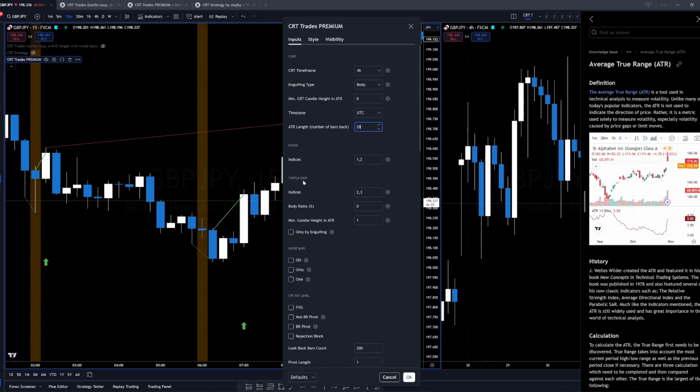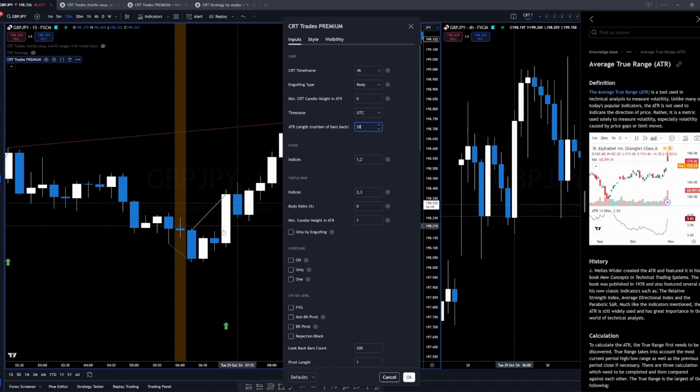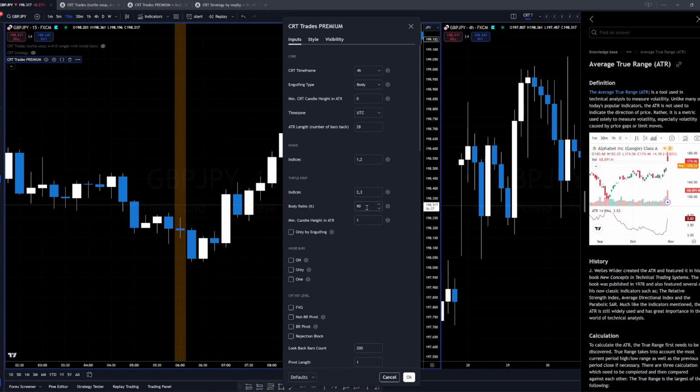So for the turtle soup, you can also filter turtle soups that have some body to wick ratio. For example, if you set 90, it means the body must be 90% of the wick.